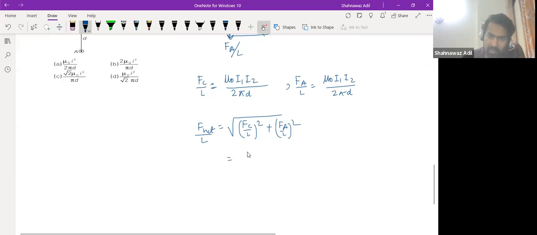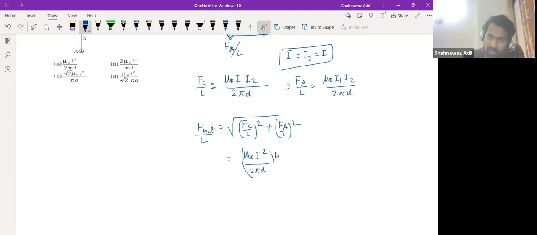So this would be mu naught, I and I. I1 and I2 are equal. So this is the root of (mu naught I square divided by 2 pi d) whole square plus (mu naught I square by 2 pi d) whole square.